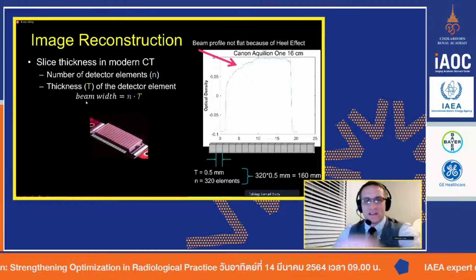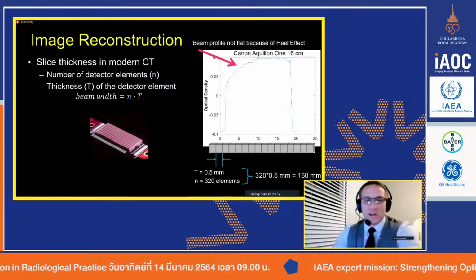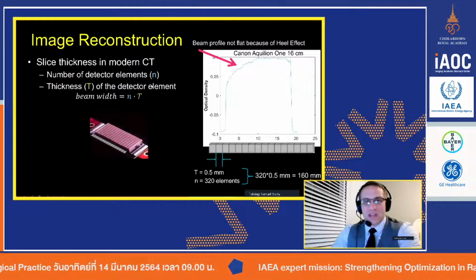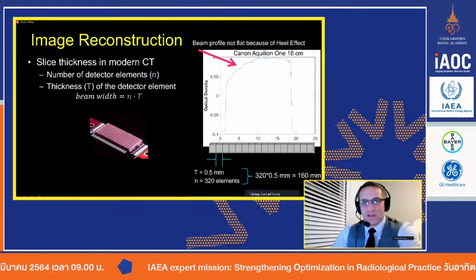So this is that 20 millimeters we used in that example, or 40 or 80, depending on your CT scanner's capability. This is just an example of one I measured on one of ours.